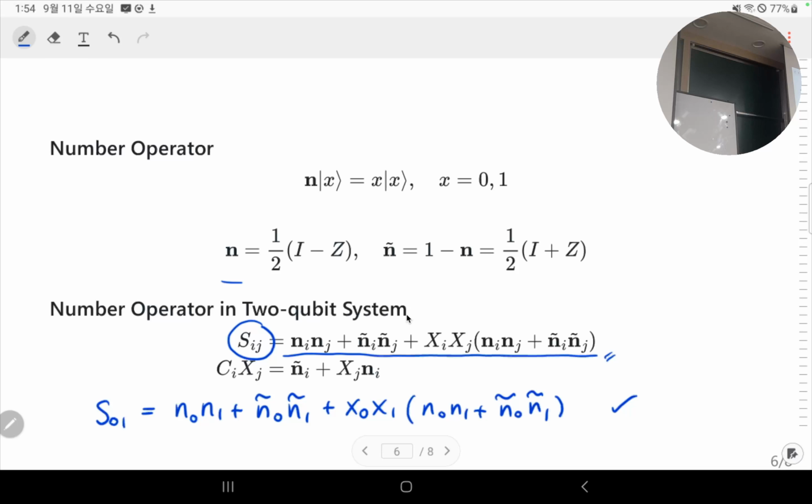Let me know if you have any question. Yes. Confusing about the concept of two qubit gates.